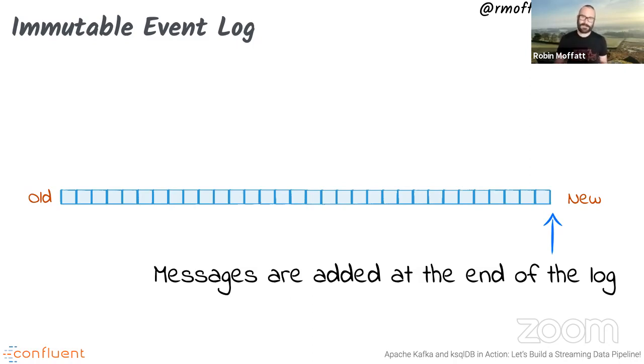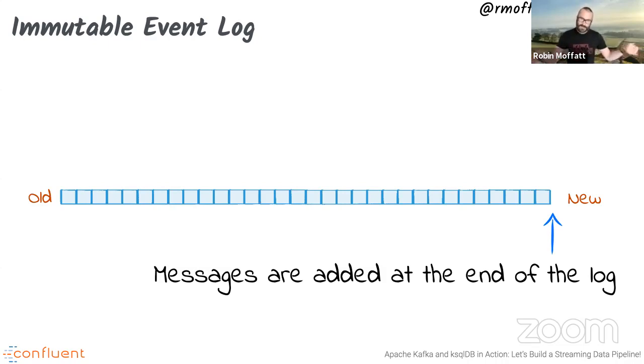It is an immutable distributed commit log. So something happens in the world, and we write it to the end of the log, and that thing has happened, and we can't go back and change it. The best we could do is maybe send another event to try and counteract that thing that happened, but it's immutable. It's append only. And because of that, it's got some very useful properties when we're building systems.